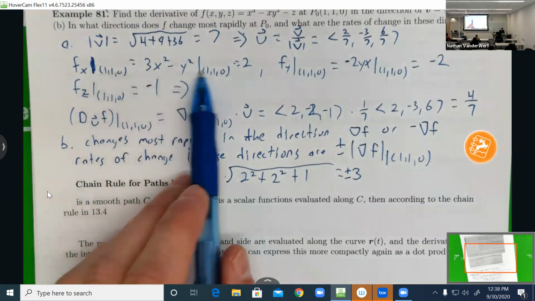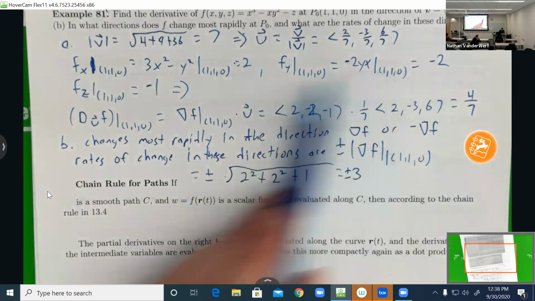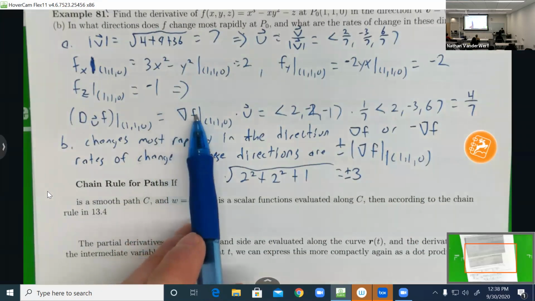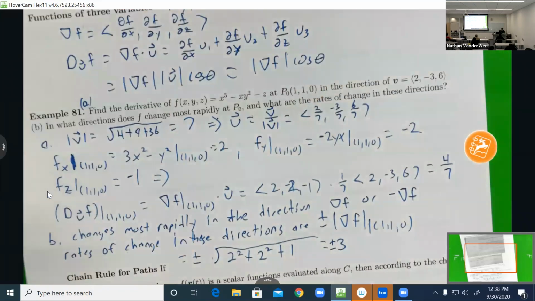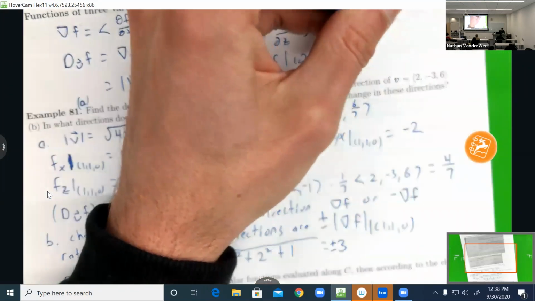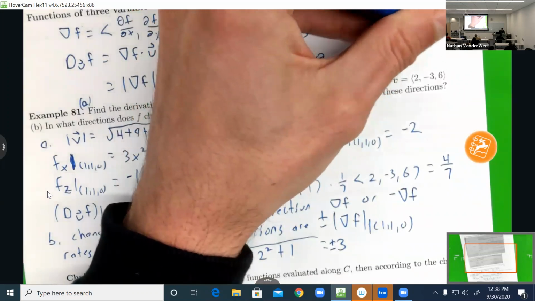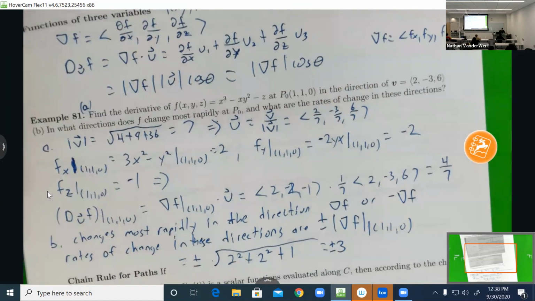We got 2 right here, and then minus 2, and then minus 1. The gradient of f is f_x, f_y, f_z, these partial derivatives right here.